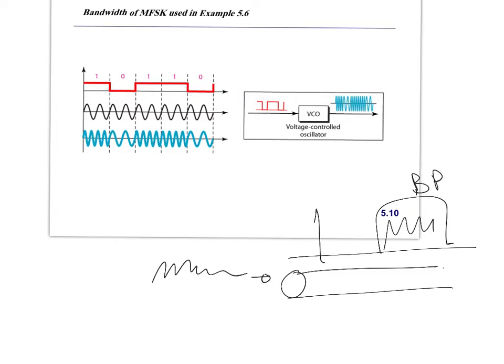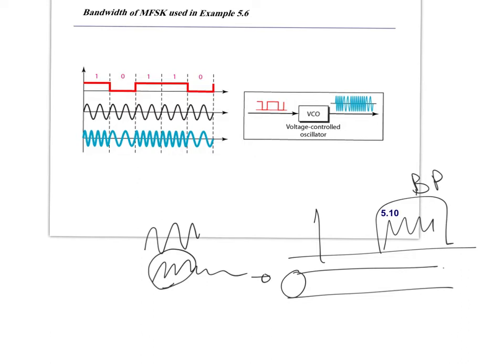So we talked about ASK, where the analog signal changes its amplitude according to the bits from the digital signal. If we have a bit of 1, then we send a sine wave with a fixed frequency and certain amplitude. And when we have a bit of 0, then we send a sine wave with amplitude 0. In other words, we change the amplitude of the analog signal according to the digital bits.